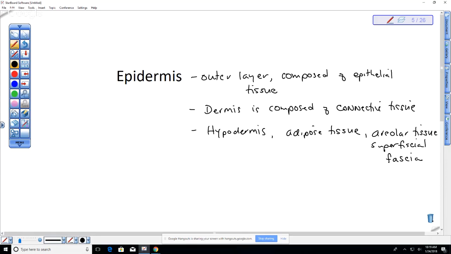This is what connects the skin to the muscles, but there's also deep fascia around each of the muscle bundles. Some people have problems with pain associated with their fascia. If you have pain chronically throughout your body, and they believe it has to do with your fascia, what is that called? Fibromyalgia, right? So fibro.